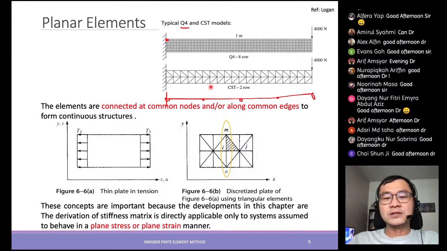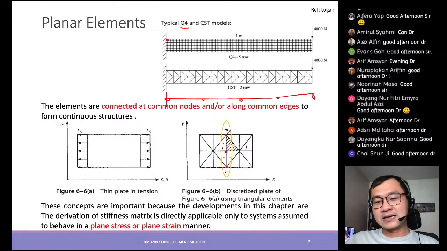So make sure they are shared together, and also they share common edges. If you look at this figure itself, these edges are shared with the same nodes, M, I, and N, same nodes shared by these elements 2, 3, and 4, these 4 elements. Whereas the edges also are shared.